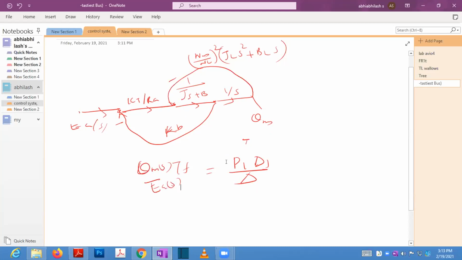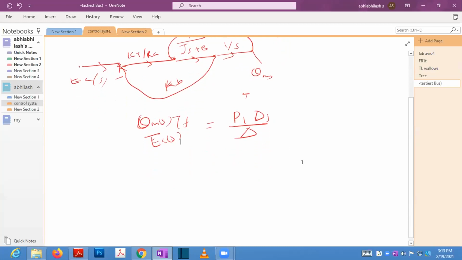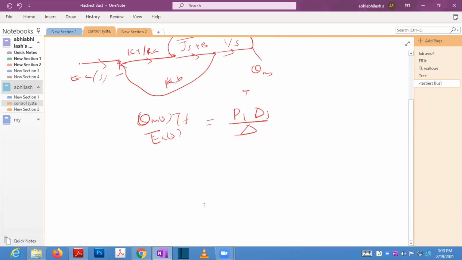So P1 is this one, and delta 1 is 1, and delta you have to calculate as 1 minus this loop gain plus this loop gain, the whole minus. Like that only you have studied, no? Yes, sir. Delta is equal to 1 minus the sum of individual loop gains.